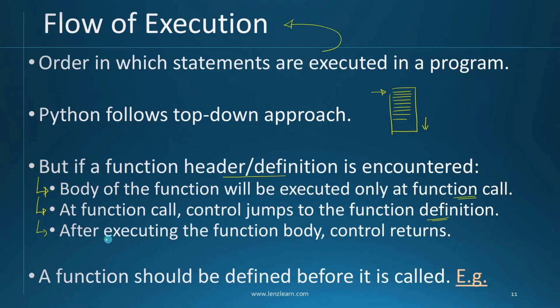And the third point, after executing the function body, the control returns to the function call itself. And the last point is that a function should be defined before it is called in Python, otherwise you will have an error. Now let us take an example program which we have already discussed, just to explain the concepts that we have studied here.